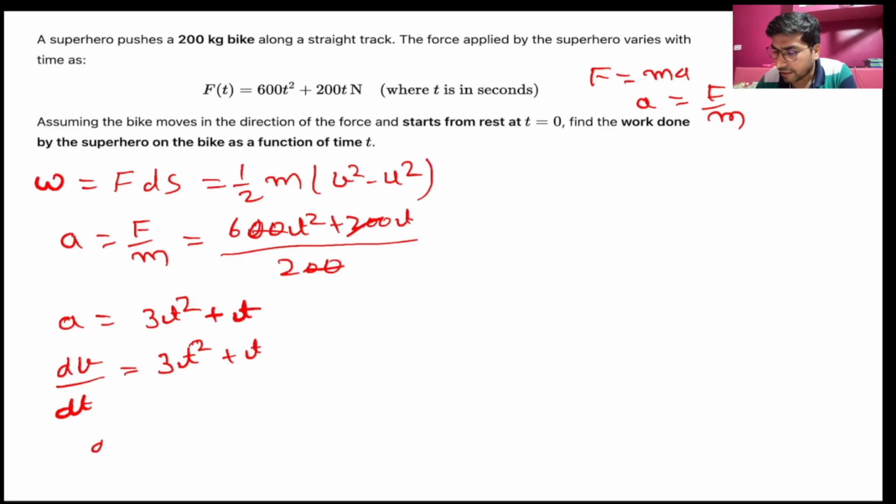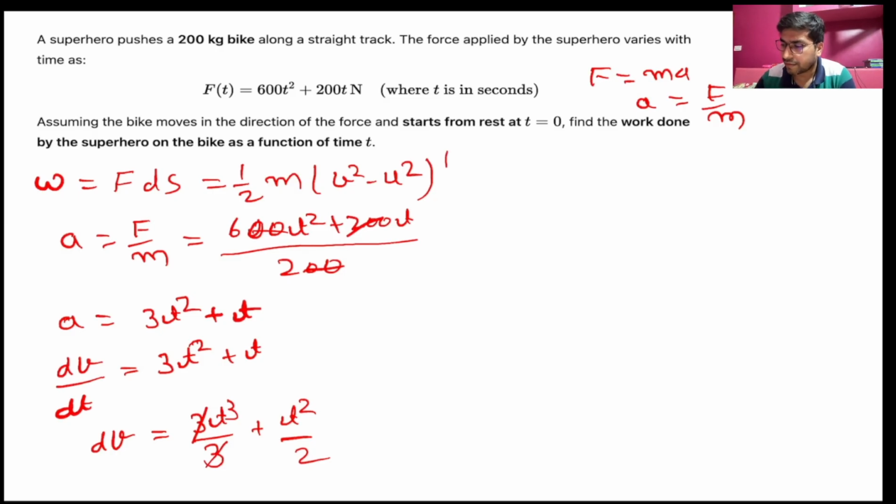So from here we will get dv is equal to 3t square plus t dt. So directly I'm integrating and writing 3t cube divided by 3 plus t square by 2. I hope you can understand. It's nothing, it's an integral of this. So this will get cancelled out.